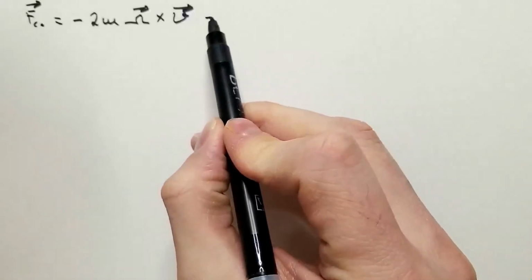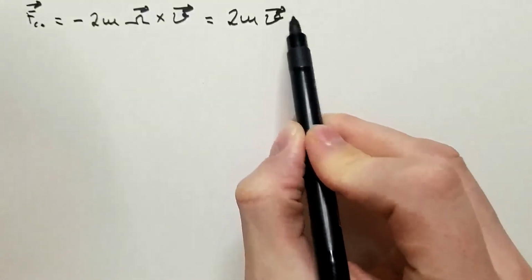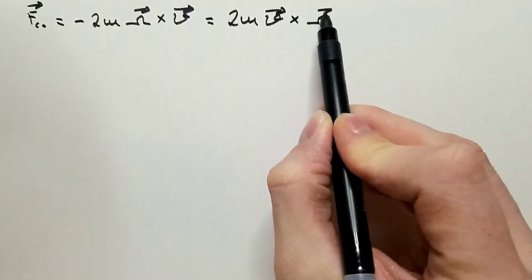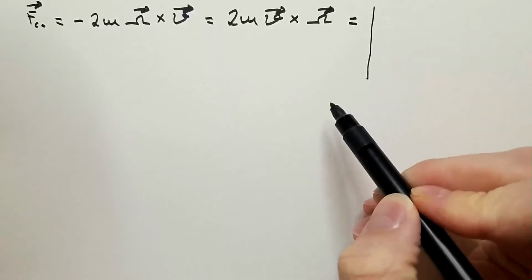I can also rewrite this, knowing the properties of the cross product, as 2m v cross product omega. This is further equal to a determinant.